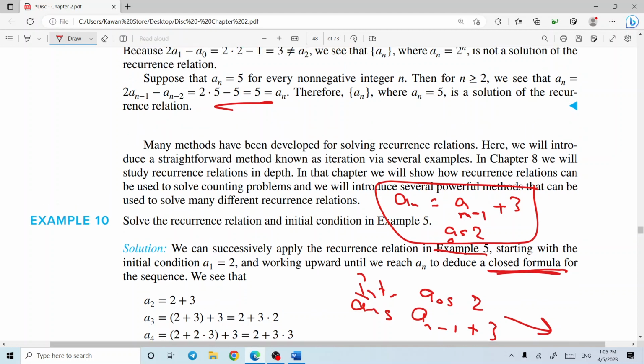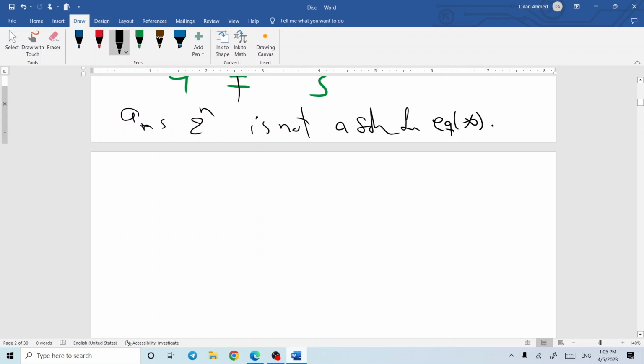We say a_0 is equal to 2. a_1 will give me 2 plus 3, right? We say it is equal to the previous one plus 3. So a_0 equal to 2, a_1 equal to a_0 plus 3, so I'll get 5.